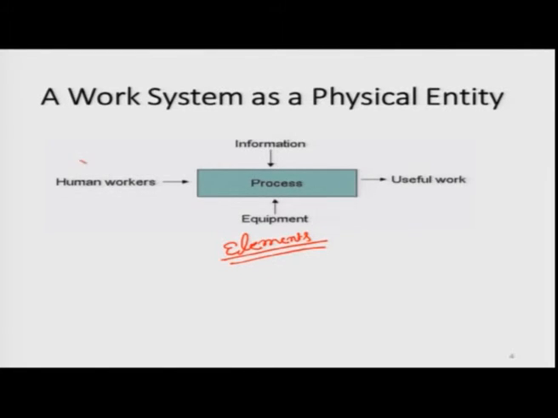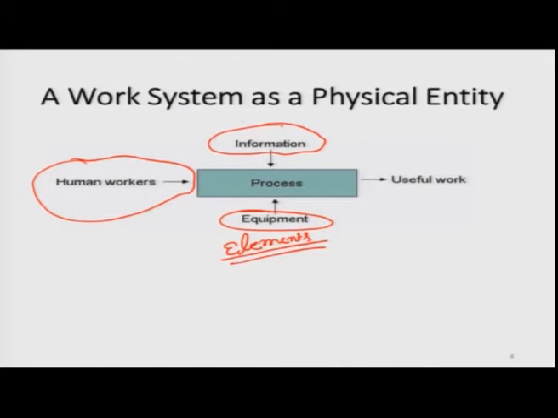Here you can see human workers are involved, equipment is required, and certain information is required, so that when you integrate all the things, then it will get processed and it will convert into useful work. Okay. Work can be either in the form of product or service.